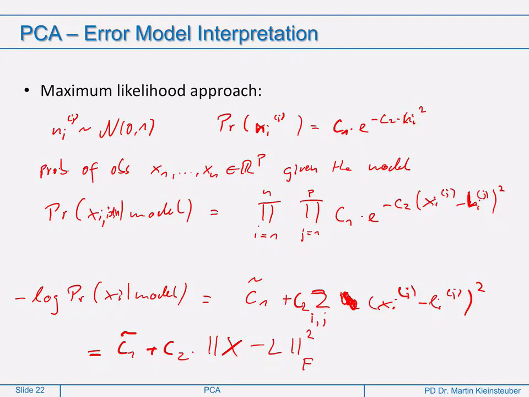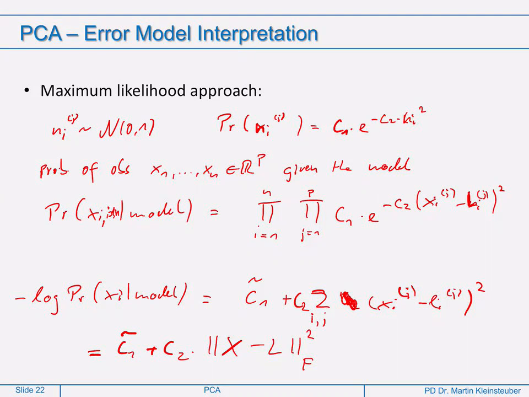We have n observations, and we would like to find the model parameters that best suit all the observations that we have. If we would only have one observation, it would be a trivial task, because given this model, the likelihood is that this observation is in a one-dimensional subspace, and then there is nothing to do.